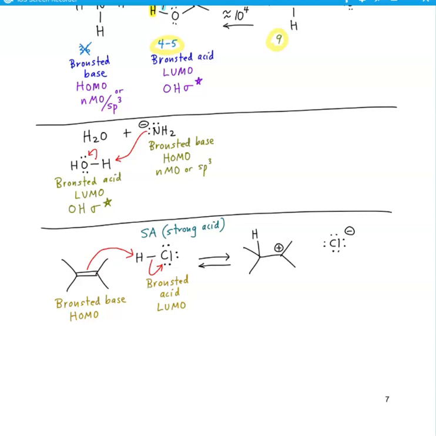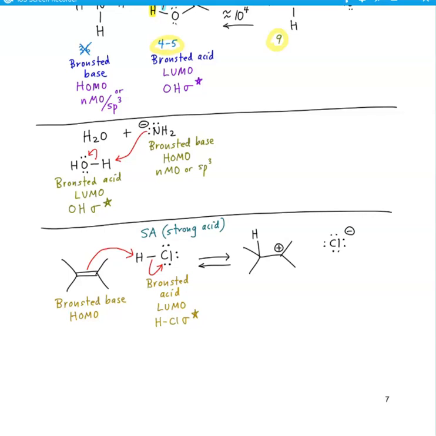So let's look at the LUMO first, since we're over there. Of course, the question is, did a bond break? The answer is yes. It's the HCl sigma bond that broke, which means that the HCl sigma star orbital was involved, because otherwise that bond would not have broken. And so then what is the HOMO in this reaction? Look at where the arrow originates, and then compare the structure of the alkene to what you end up with on the other side of the equation.